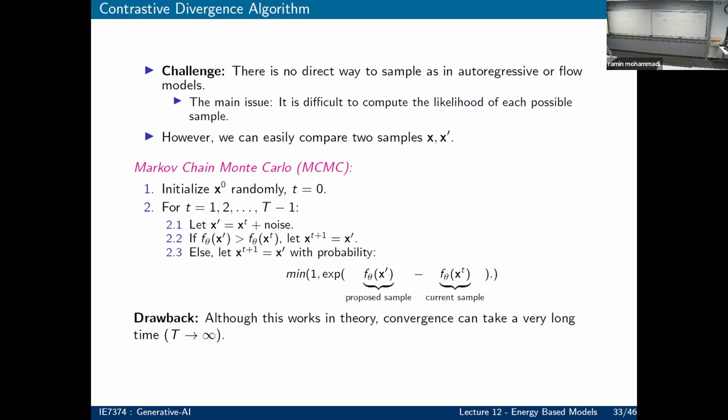So for a given real data point, X0, you have a loop. You start by adding noise: the previous version of it plus some noise. Then you check if the energy value for the current, noisy version is better than the energy value of the previous noisy version; if so, I accept the new noise.